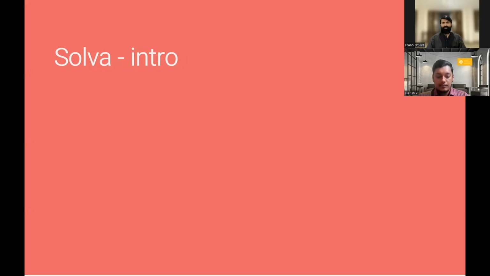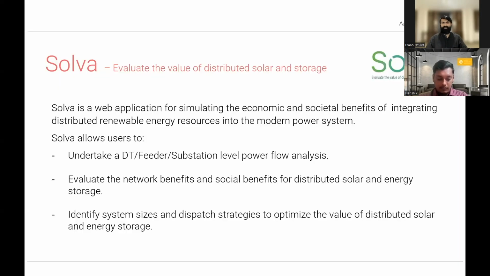To introduce Solva, I think Harish has briefly explained that Solva is a web application that can be used for simulating and evaluating the economic as well as societal benefits of integrating distributed energy resources in the modern power system. How does Solva do it? Solva allows the user to take a DT level, a feeder level, as well as substation level power flow analysis.